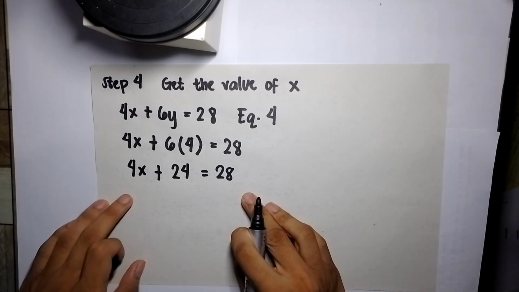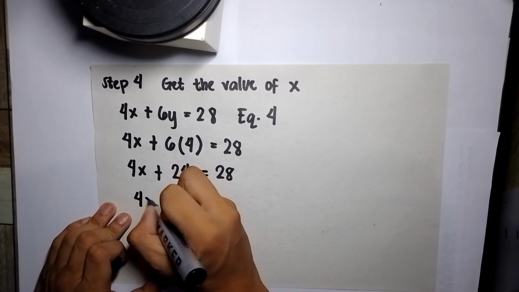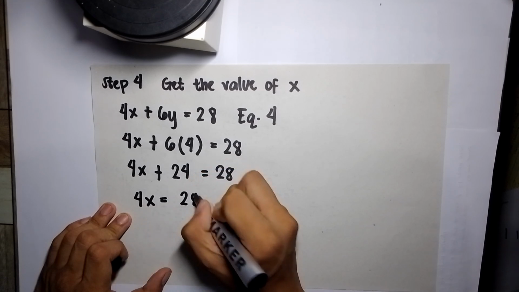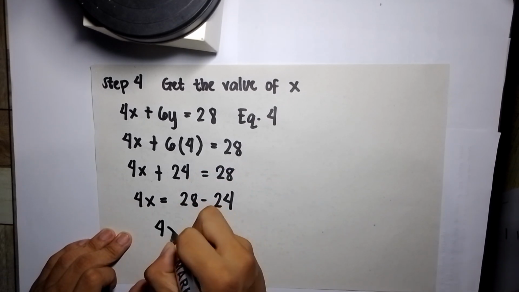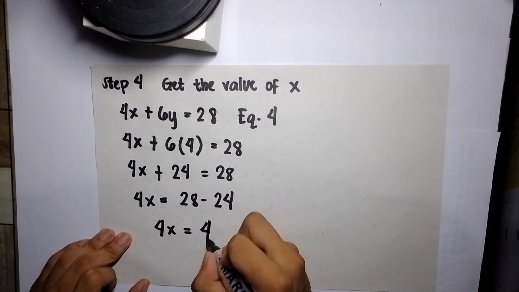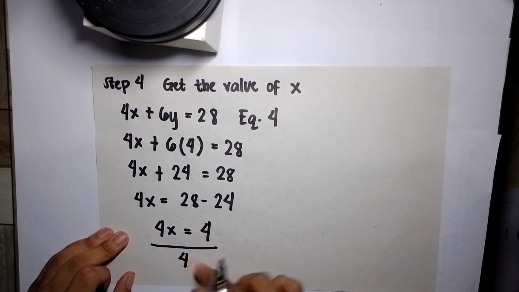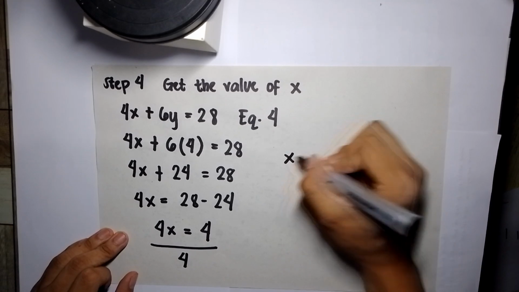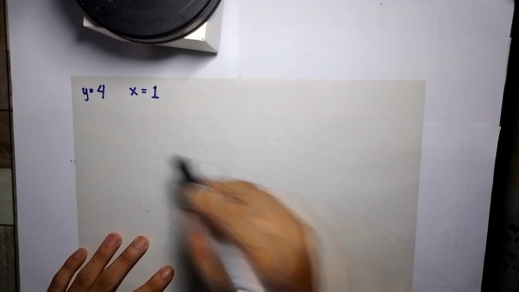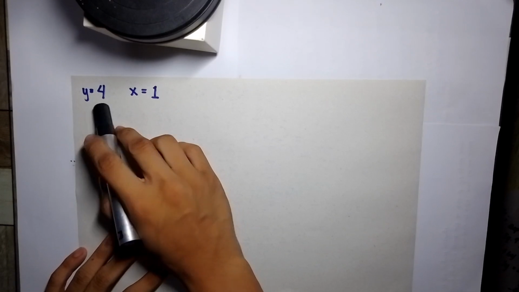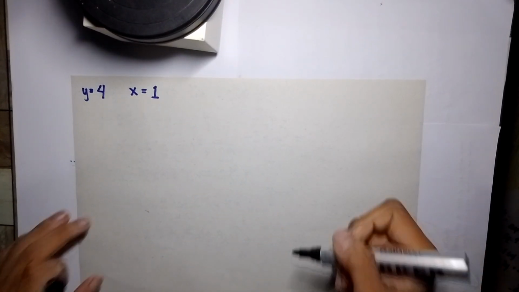Now we're going to isolate 4x by transposing 24 to the right side. Now make the coefficient of x equal to 1 by dividing by 4. The value of our x will be 1. Now we have the value of y, which is 4, and x, which is 1.